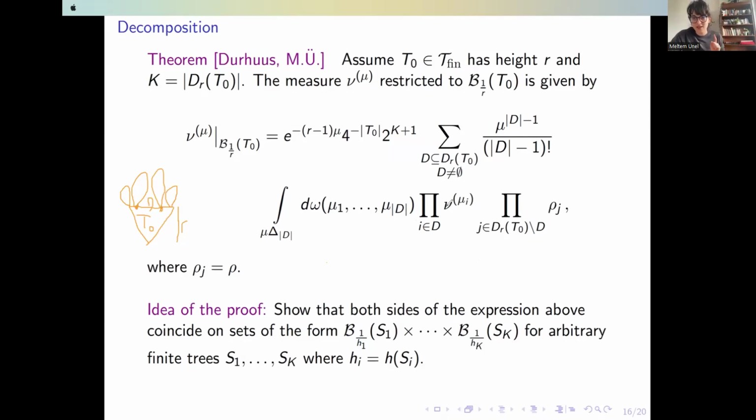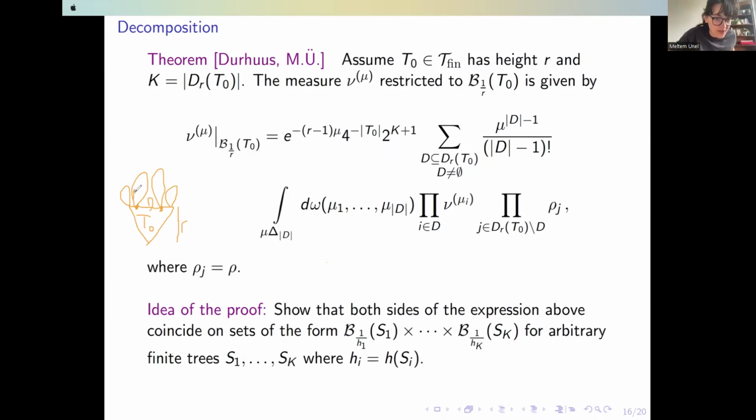This tells us that I will have an infinite tree, mu i, which has as exponential weight factor, exponential minus mu i times h times t. And the sum of these mu i's has to add up to mu.